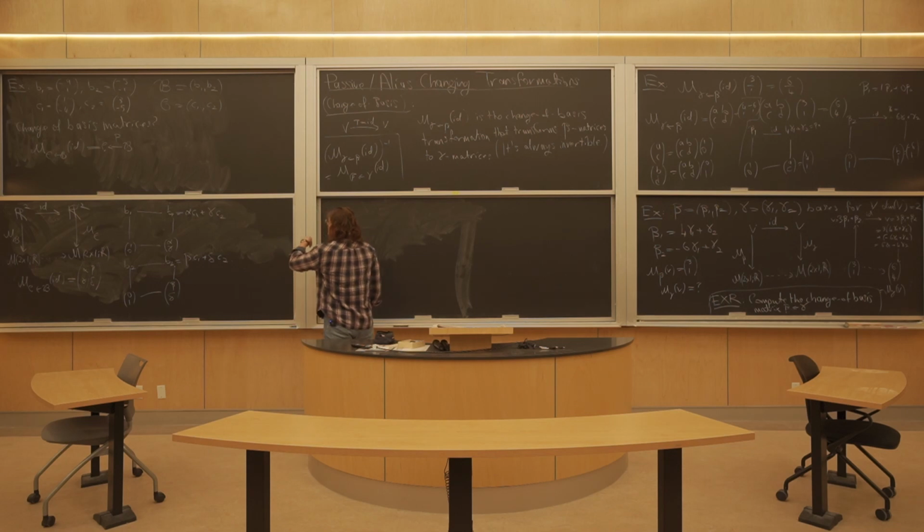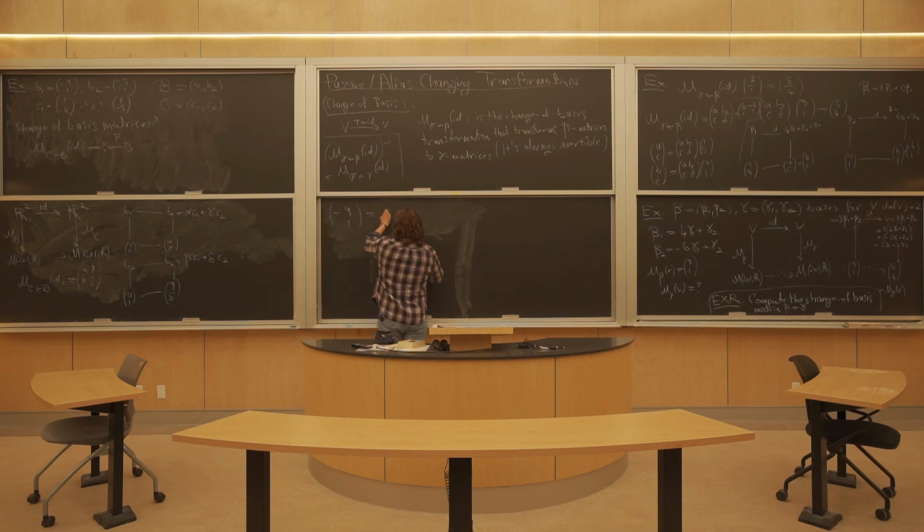So the first equation tells me this. Minus 9, 1 equals alpha times 1 minus 4 plus gamma times 3 minus 5.